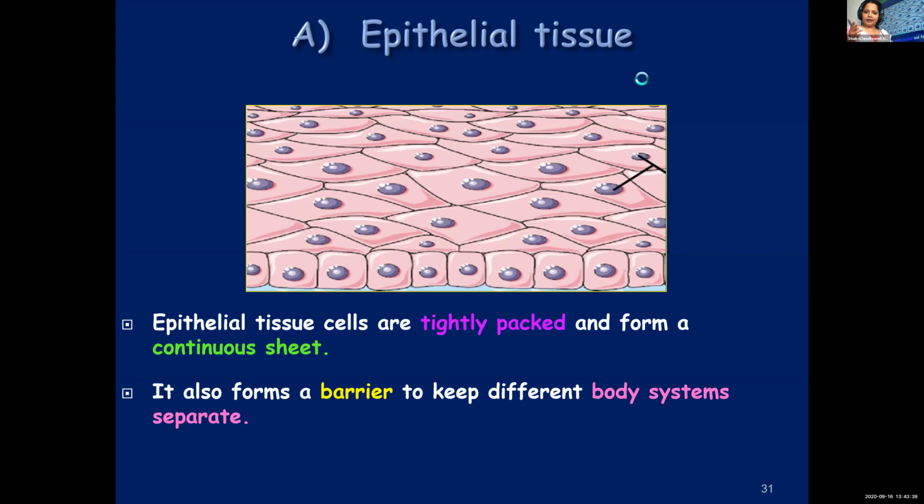So already we learned two functions. The first function is that it will cover and protect the entire body, your internal organs, and line the cavities in your body. And now we have discussed one more point. It will act as a barrier separating different body systems.